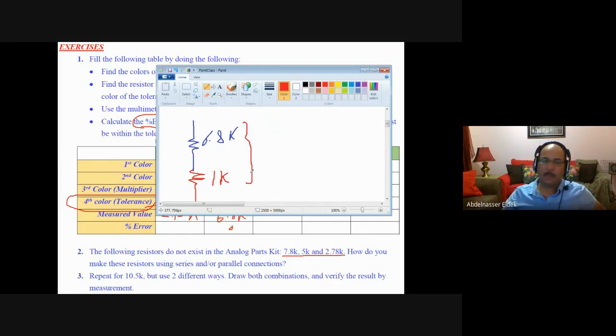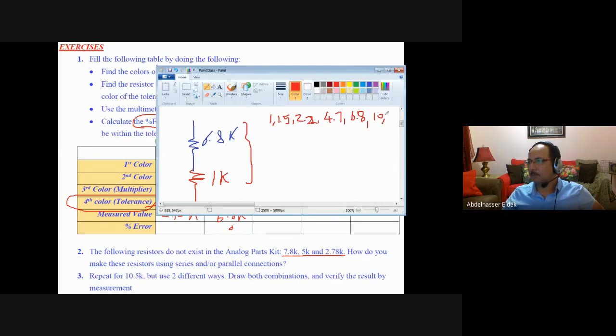If I need to make 5K, for example, what's 5K? Try to look at something in series. For example, we have the resistors 1 kilo ohm, 1.5, 2.2, 4.7, 6.8, 10, and I believe after that we have 20 kilo ohm, and so on.